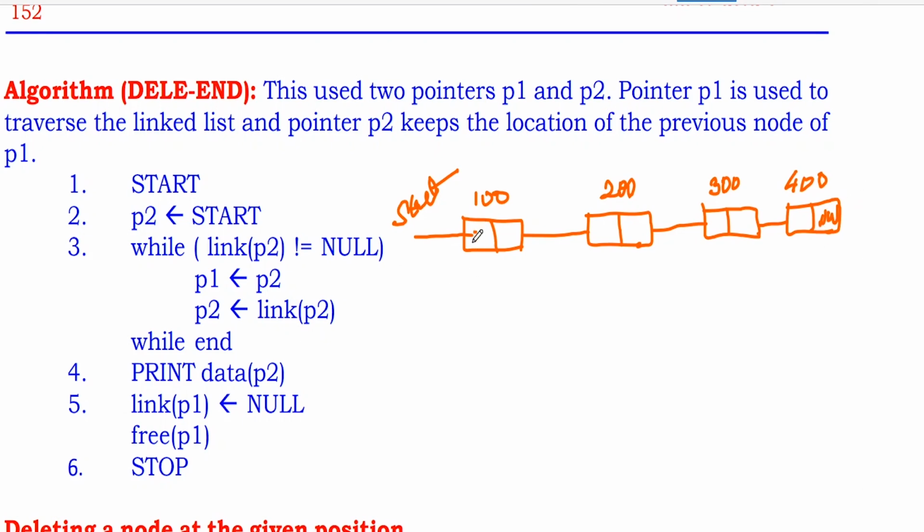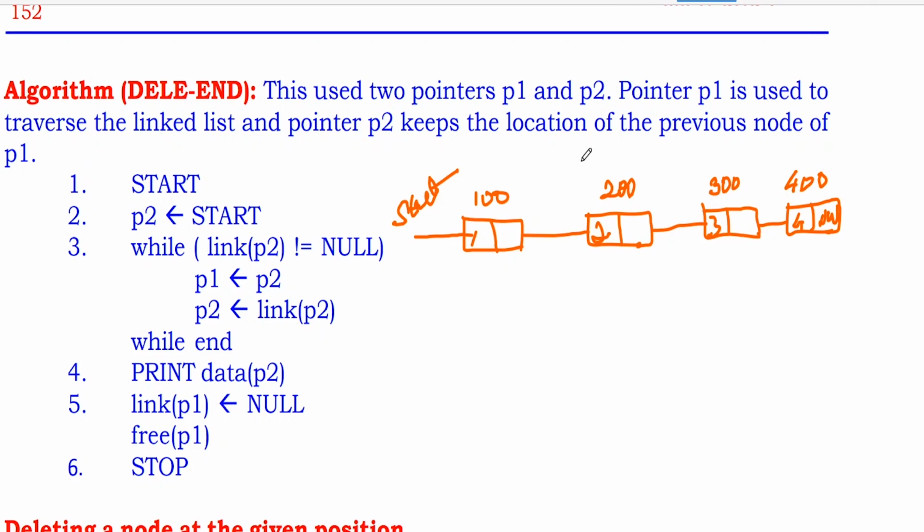So we may have a value, any number like 3 or 4, or it may be a character also. Now what I have to do is take two pointers, P1 and P2. P1 and P2 pointers are used to traverse through the linked list.